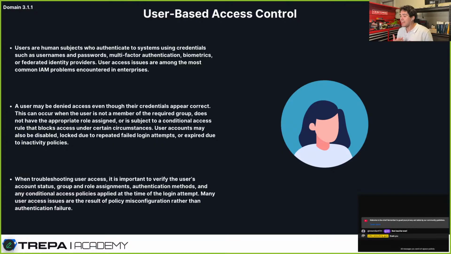And if they don't need access to this, close the troubleshooting ticket and reply saying, hey, you need to put in why you need access to this. Maybe there's something we don't know. Maybe some manager is going to approve it, and maybe we send it to that manager. These user-based access controls will probably take up the bulk of your work, especially if you're sitting on a help desk or you're a cybersecurity engineer who has to look at requests for why this user needs to access something.